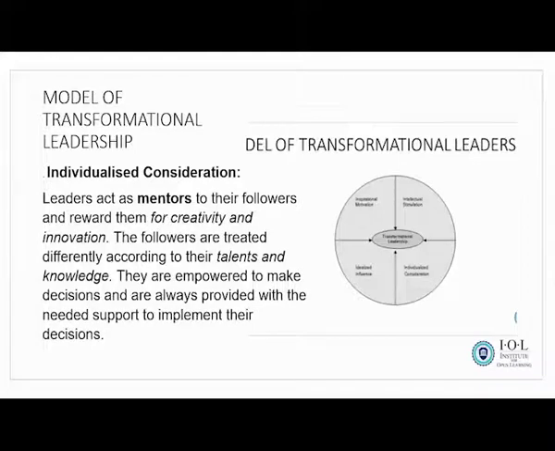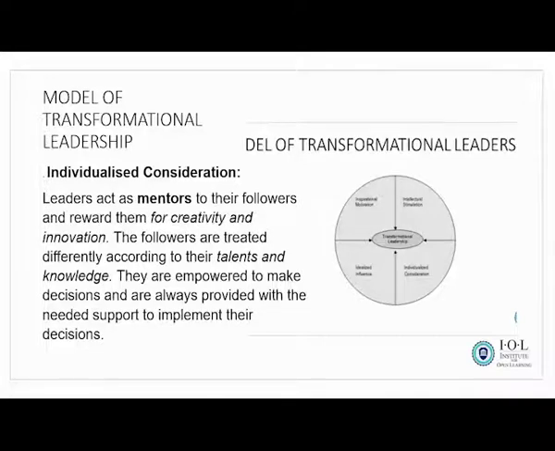The next characteristic is individualized consideration. So in other words, here, transformational leaders think of others. They recognize the abilities of others. They recognize the talents of others.